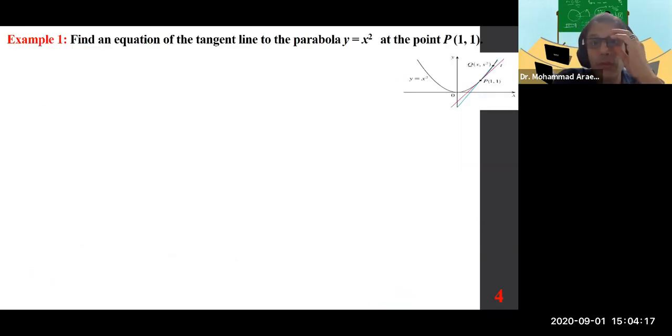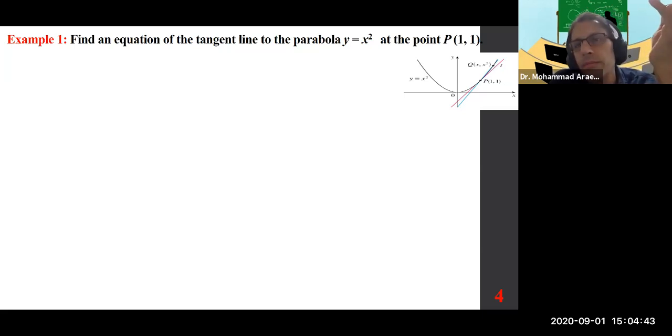Here's an example. Everybody's familiar with the basic function y equals x squared. And we are interested in finding the equation of a tangent line for this function, for the graph of a function known as a parabola, okay? So how do we find an equation of a line? We need two things.